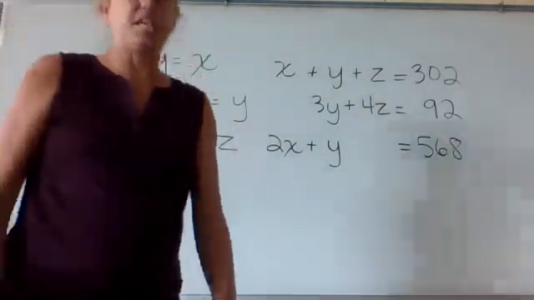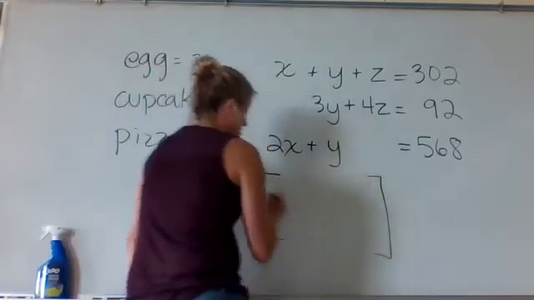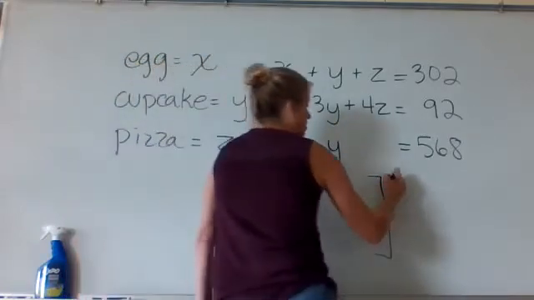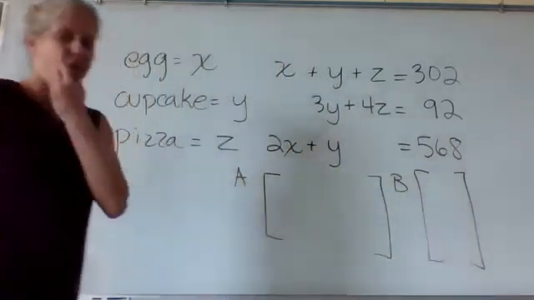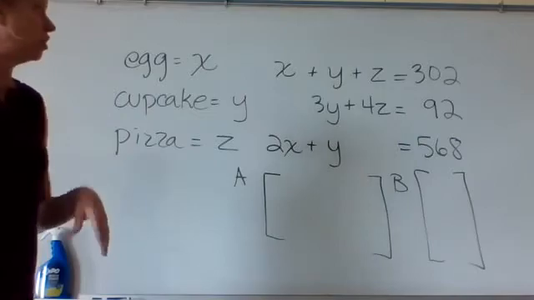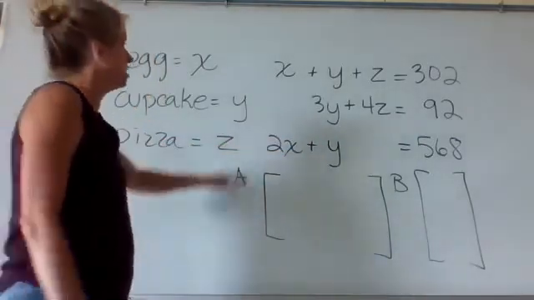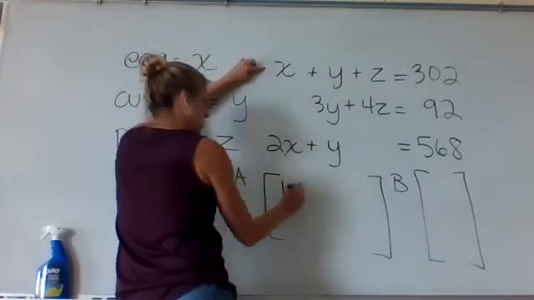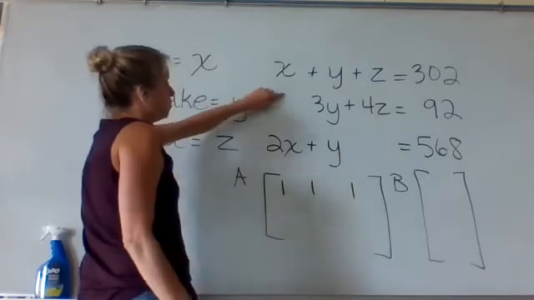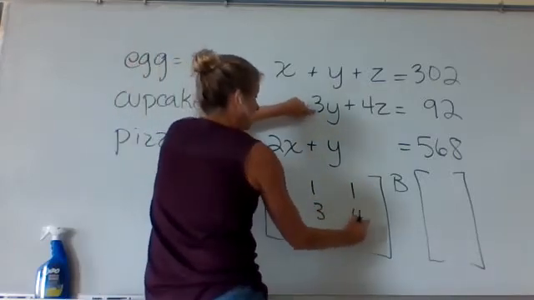How much cholesterol is in each item? So again, I can create the matrices from these. Be careful with the empty spots. Those are going to be zeros. So my first row will be 1, 1, 1. My second row will be 0, 3, 4.